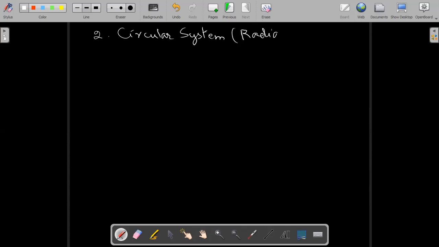Generally we have questions to convert radians into degrees and degrees into radians. And there is one more definition of angle.